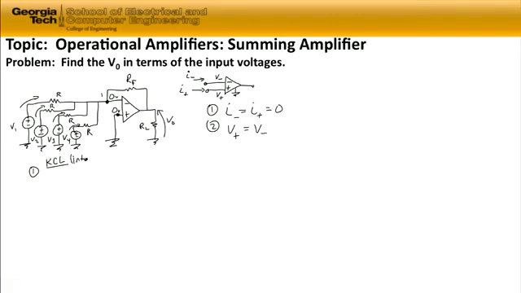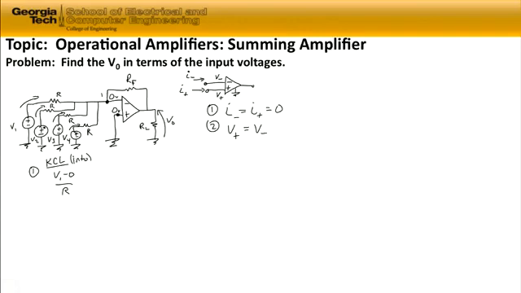For the topmost path using the source V sub 1, the current is going to be V1 minus the voltage at this point, which is 0 volts, divided by R. So it's V1 minus 0 over R for the top current.